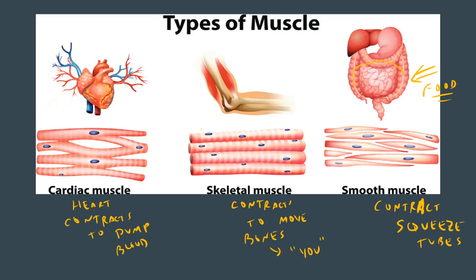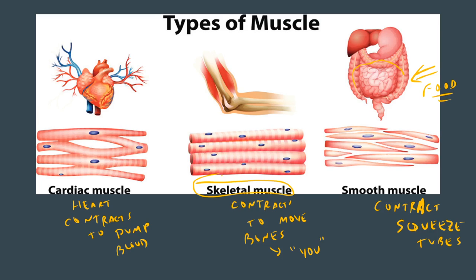One of these is voluntary. Two of these are not voluntary. The one that's voluntary, that you can control, which one is that? I hope you all are saying skeletal muscle. That's what attaches to your bones, and you can control those.